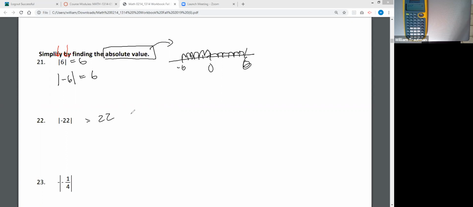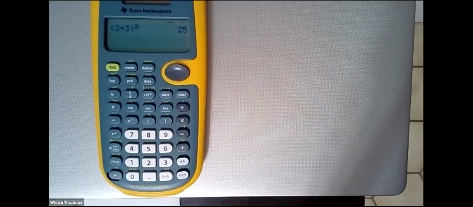Let's see if we can find this on our calculator. I don't even know if there's an absolute value on our calculator, but let's see if we can find it. You guys might have to help me out. I know Jose has it on his TI-89. Does anybody see an absolute value symbol on their calculator? I don't see it. So that might be an unusual problem for us because we're not going to be able to type that in.